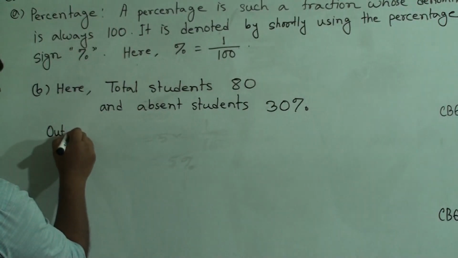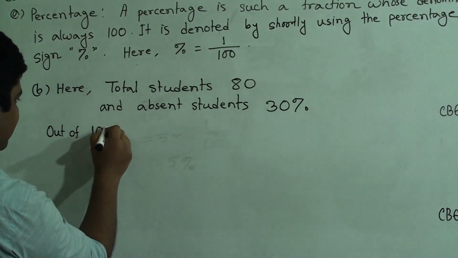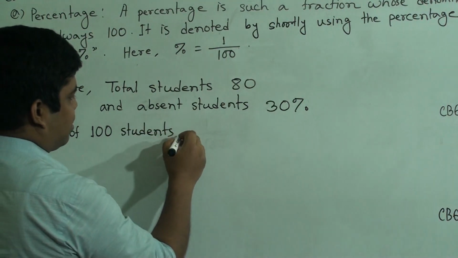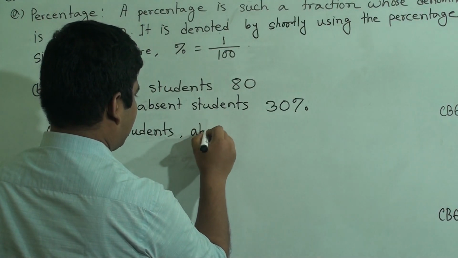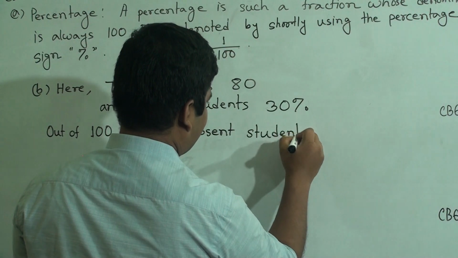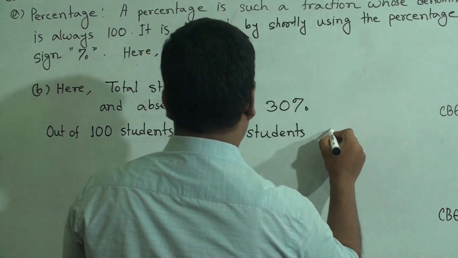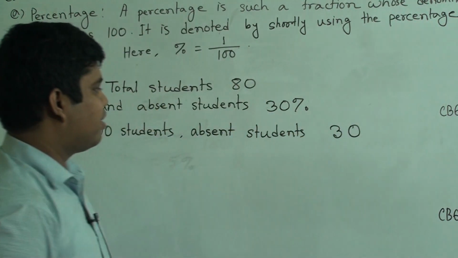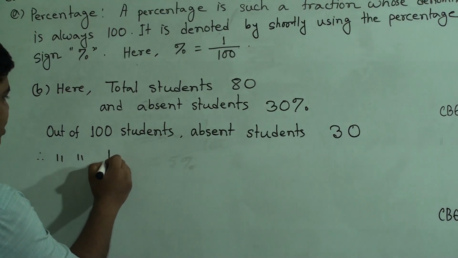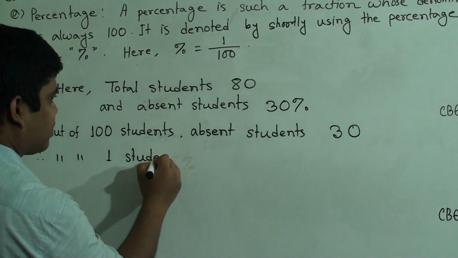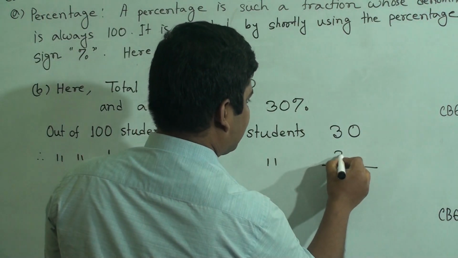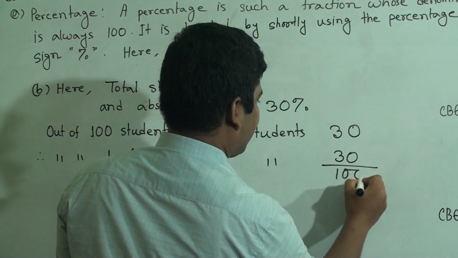Out of 100 students, absent students 30. Okay, so now out of one student, absent students 30 divided by 100.